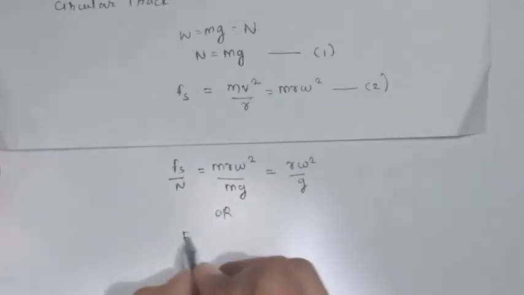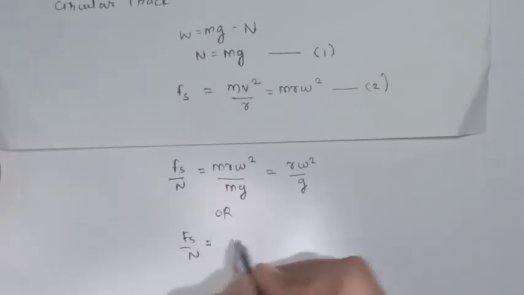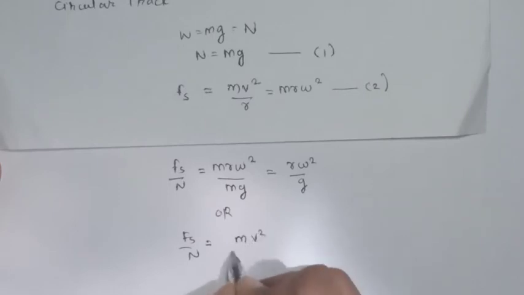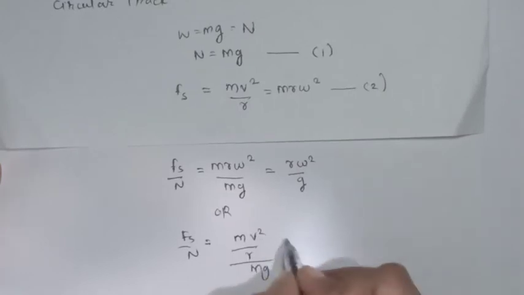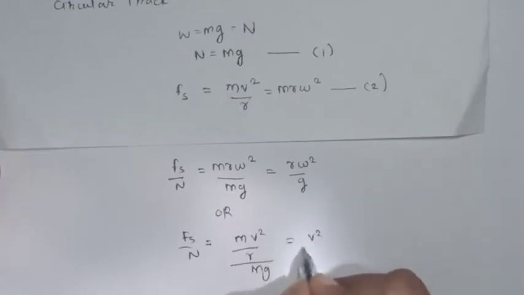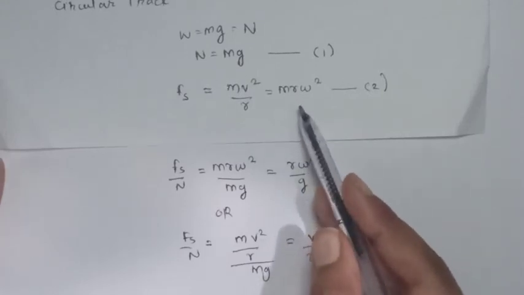Or Fs by N equals mv square by r divided by mg, m and m will be cancelled, v square by rg. So these are two alternatives you are going to get after dividing 2 by 1.